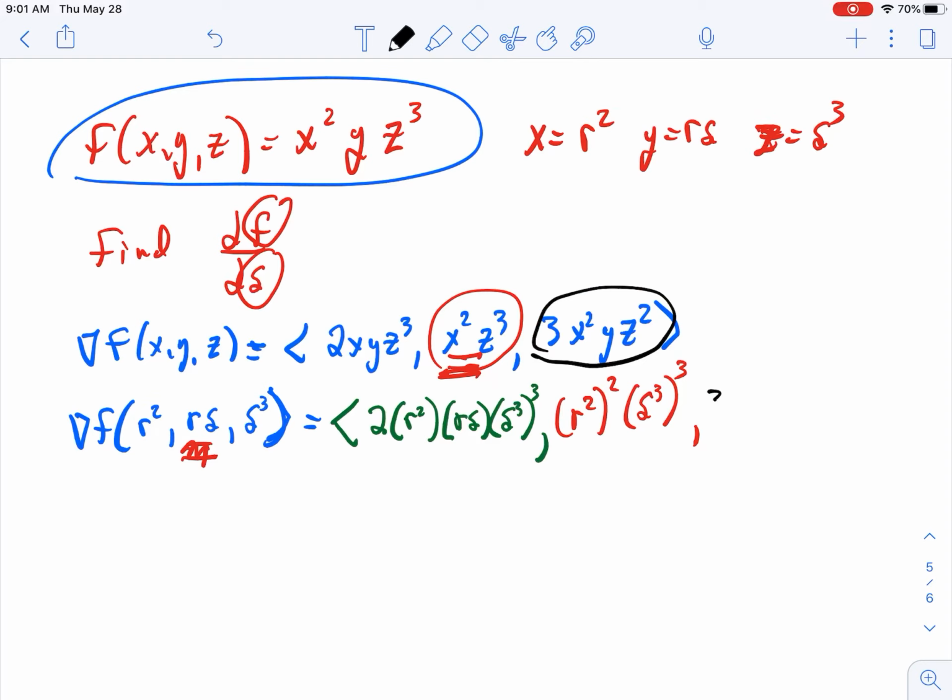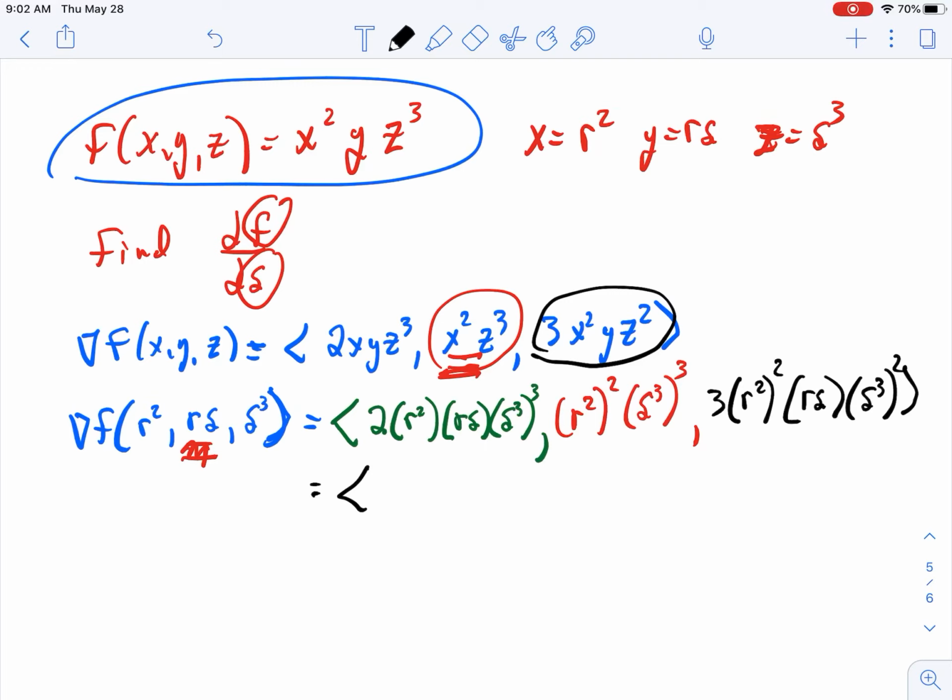And then the last piece here, we have 3, x is r squared squared, y is rs, and z is s cubed squared.